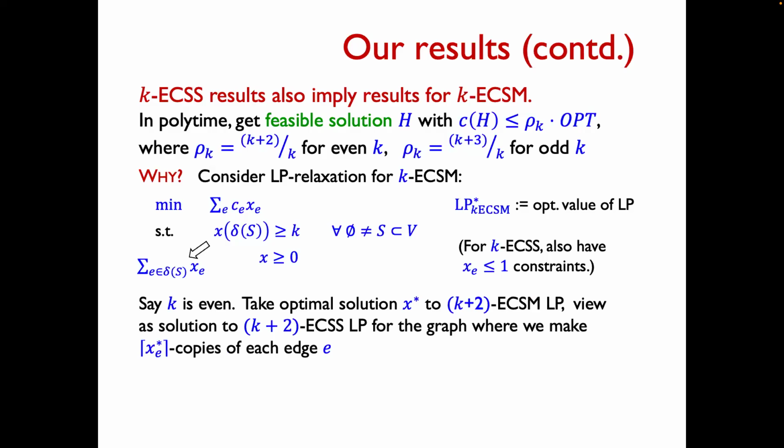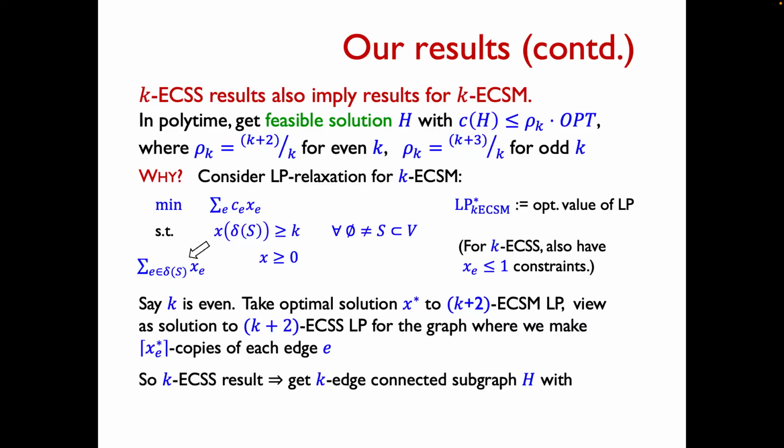If x_e was 5.5, I'll create 6 copies and say the first 5 copies have value 1 and the sixth one has value 0.5. This is just a simple trick to translate this to a solution in this graph for the k-edge connected spanning subgraph problem. I can always do this, and now I can use the result for k-edge connected spanning subgraph.